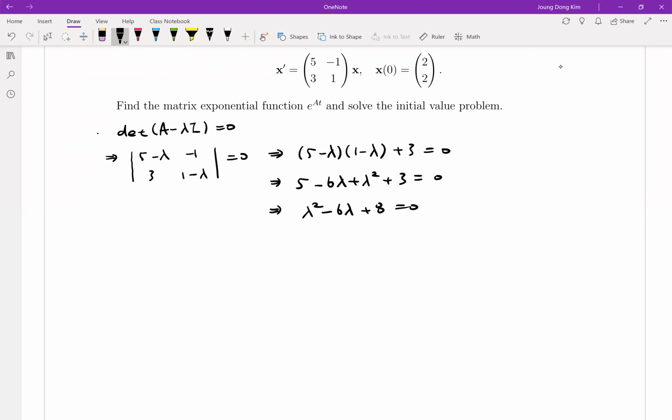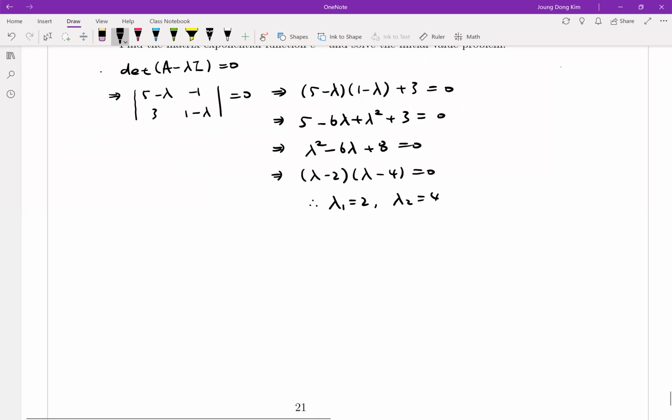We can easily factor this: lambda minus 2 times lambda minus 4 equals 0. Then we have two different real eigenvalues, so we have to find two different, independent eigenvectors.